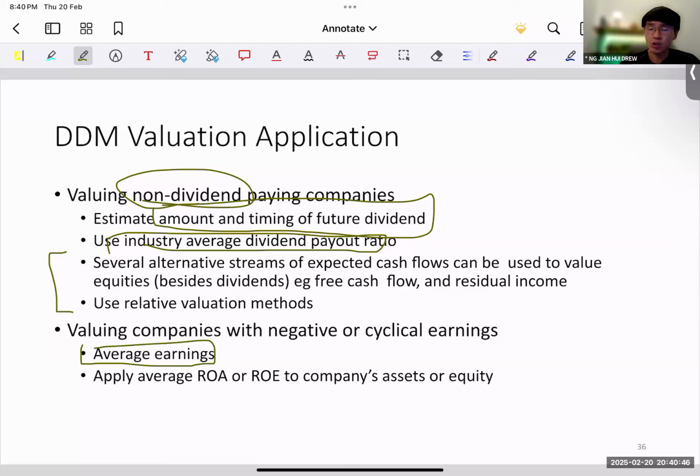I think if you take yearly earnings, it's still all right. We shouldn't do monthly figures, right? You shouldn't use semi-annual figures for valuation because then you have seasonality, but if you use yearly figures, that should be fine. Apply average ROE and ROA. That's a good method as well.